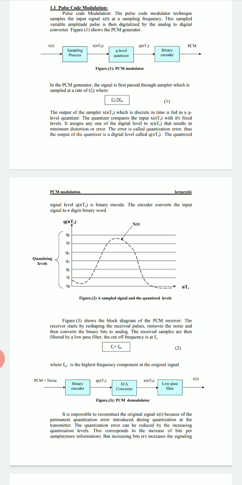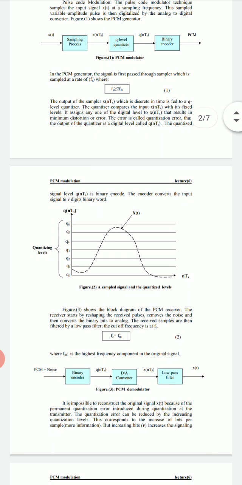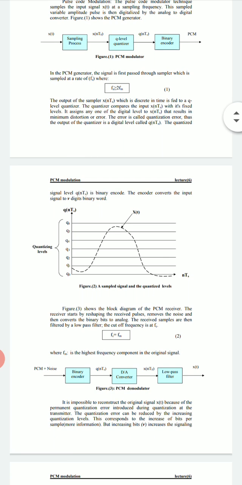Thus the output we get from the quantizer is nothing but a digital level, and we write the quantized signal as q(nTs). This quantized signal we give to the binary encoder. An encoder will convert that input into a digital signal.